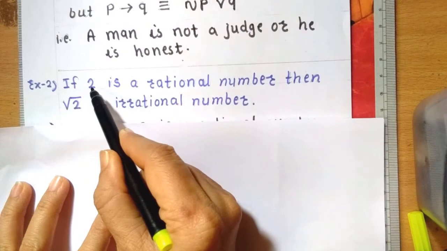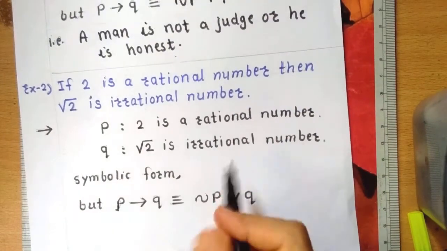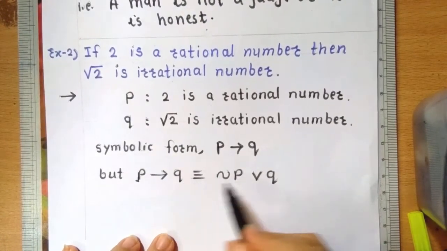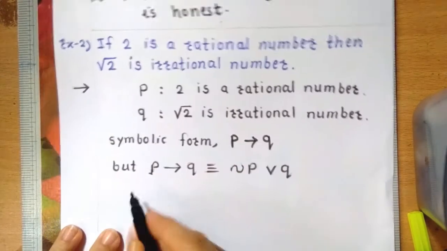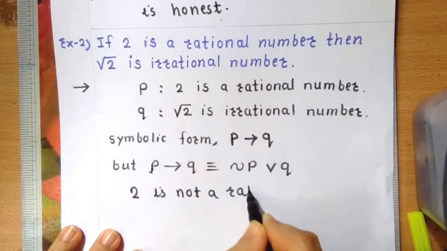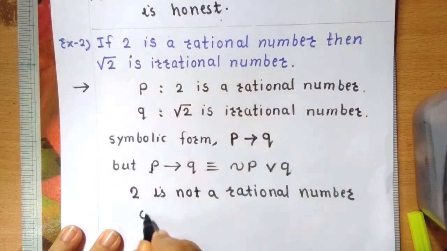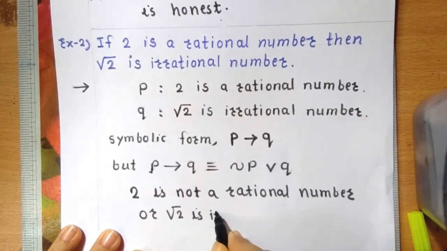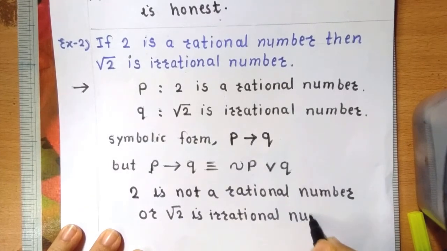Here also we will assume the first statement as P and the second statement as Q, and therefore the symbolic form is P implies Q, and again we know that P implies Q is equivalent to negation P disjunction Q. So write down the negation of the first statement: 2 is not a rational number, or root 2, write down the Q statement as it is, is an irrational number.